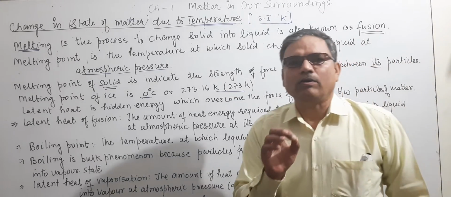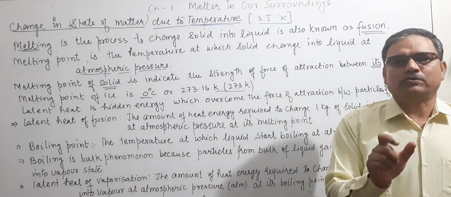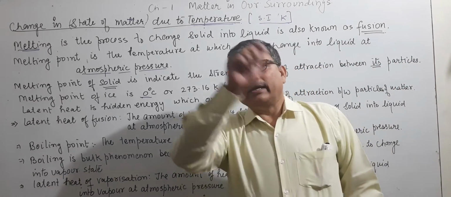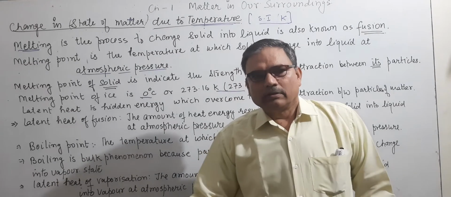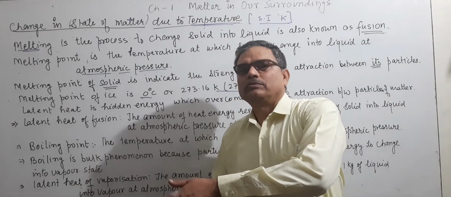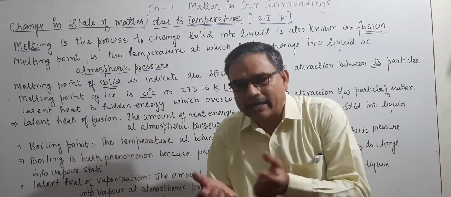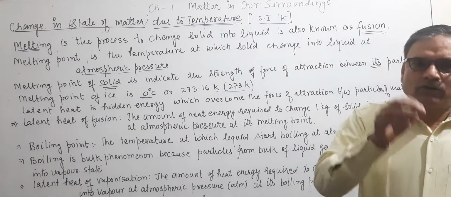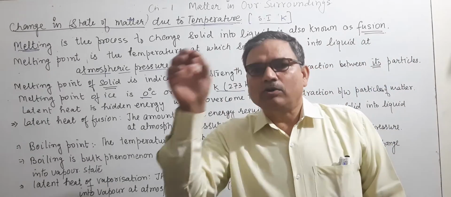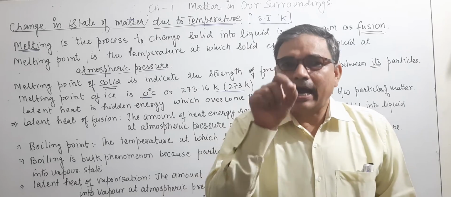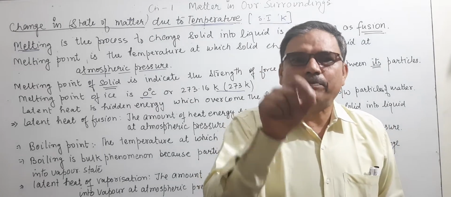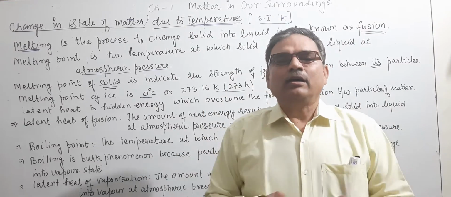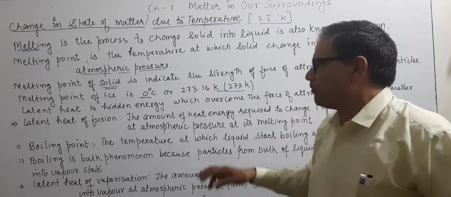This means if we take 1 kg of solid at atmospheric pressure and at its given melting point, if it changes into liquid, that energy is known as latent heat of fusion. 1 kg of any solid, when it changes into liquid at atmospheric pressure at its melting point, the energy we need for that is known as latent heat of fusion.